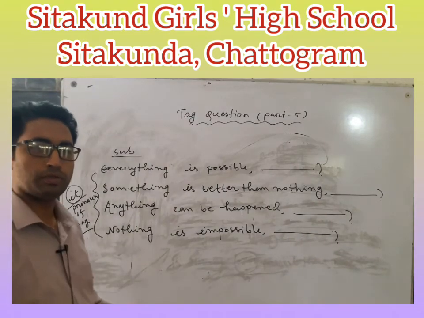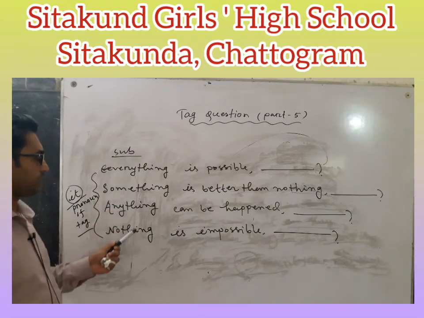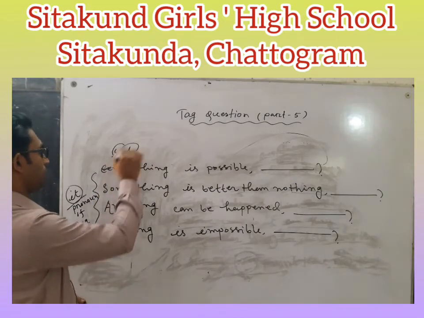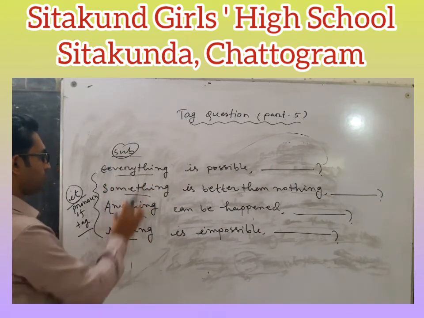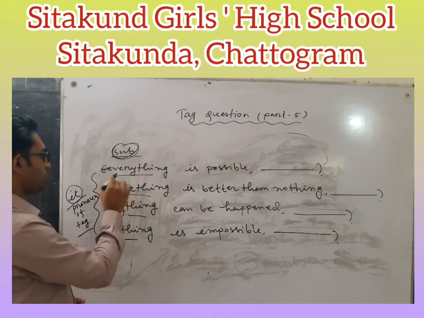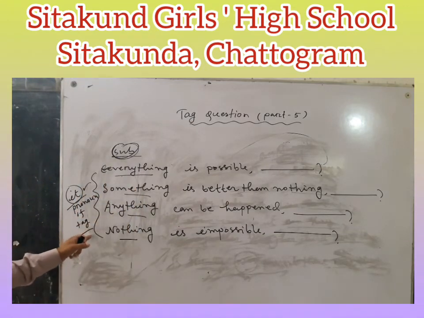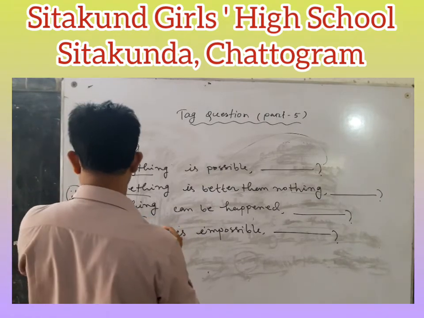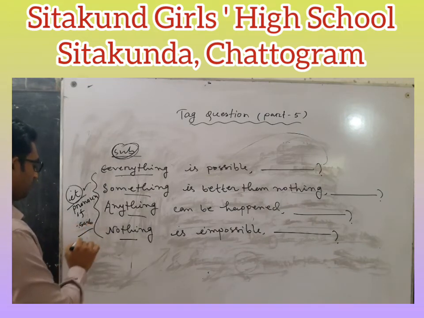I would like to make you understand these words and their usage through some examples. You are looking at everything, something, anything, nothing. All the words are subjects. So for this subject, you have to write it, the pronoun of the subject, in the tag question.